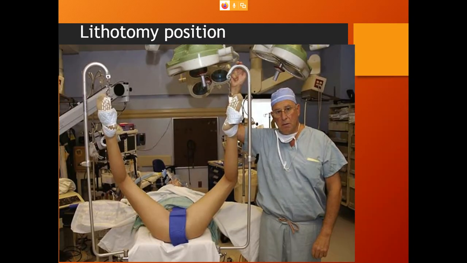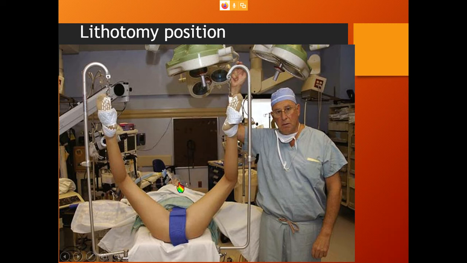Another position is the lithotomy position. In this position, both knees are flexed, and both the lower limbs are away from each other. We can identify this during parturition, during delivery of the baby.